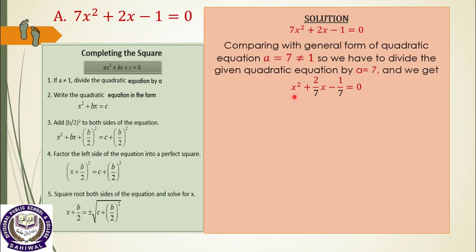As a result, we get x² + (2/7)x − 1/7 = 0. Then we arrange the equation by taking the constant from the left hand side to the right hand side. As a result, we get a new equation x² + (2/7)x = 1/7.